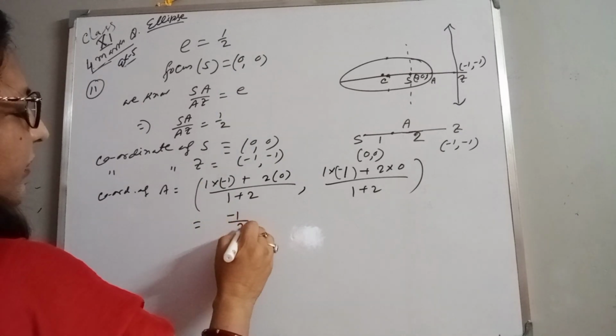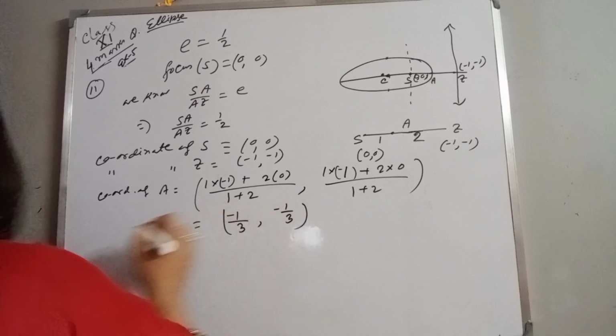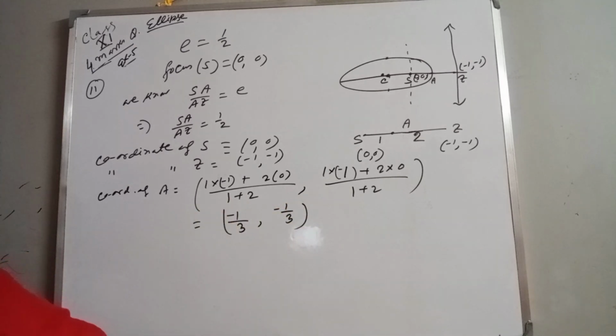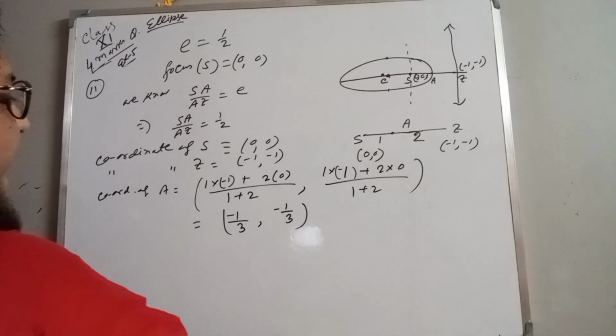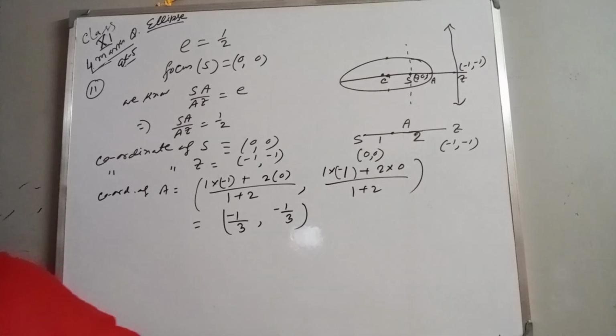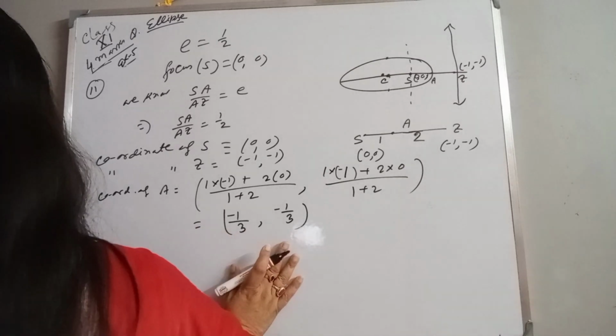Okay, it is coming -1 by 3, comma, -1 by 3.